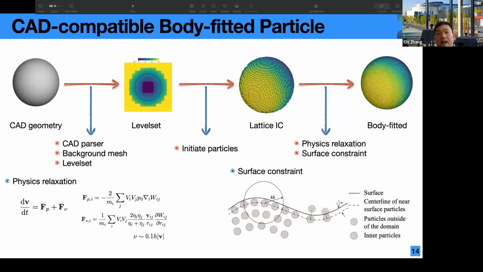Therefore, we have developed a CAD-compatible body-fitted particle generator. The basic idea is we read the CAD geometry and then construct a level set function based on the representation of the geometry. Then we relax the particle distribution using some physics relaxation, also with a surface constraint.